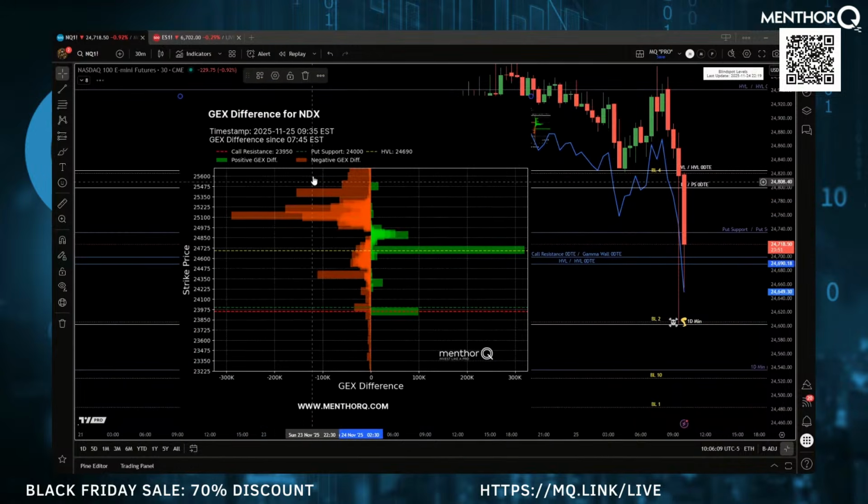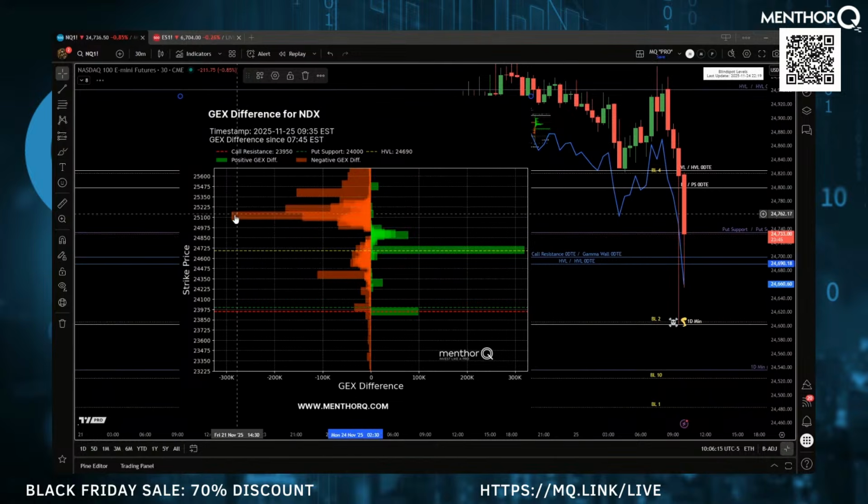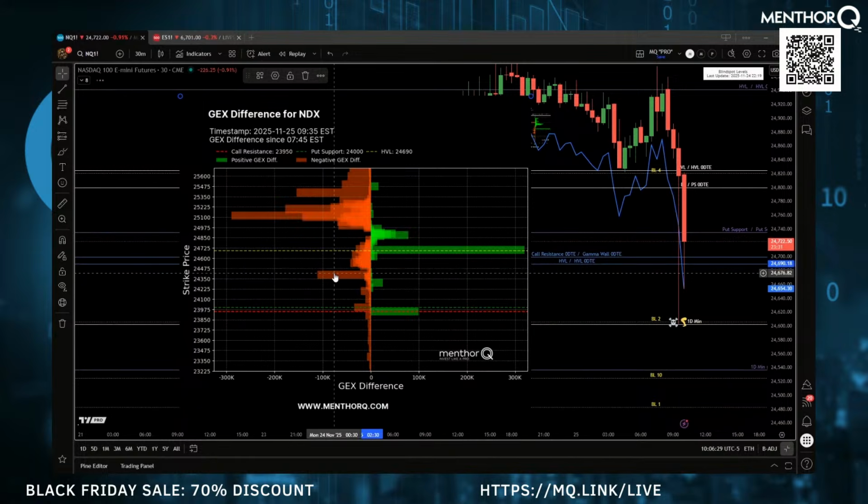NQ, GEX difference, exactly NDX. Now it's much more interesting. Take a look at what they do from the options matrix. How they add negative regime upside. Oh boy. So right now, 24,000 first support, second 24,500. 24,650 right now is the price on NDX, so we are not that far.